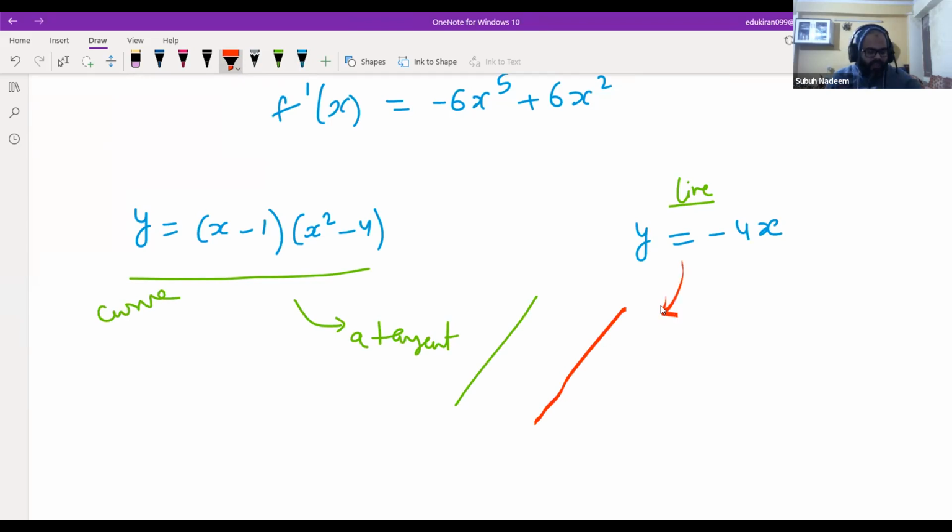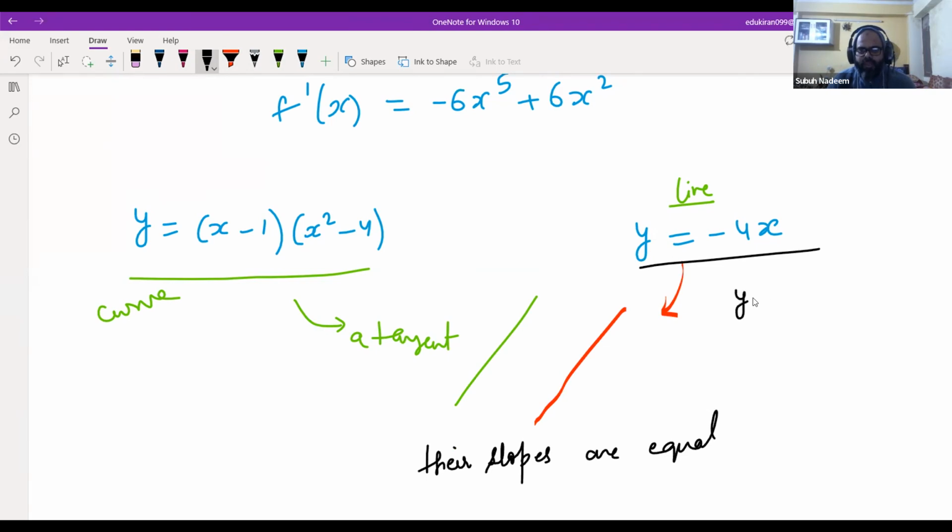So the tangent is also a line and the given line is also a line. If two lines are parallel, it means their slopes are equal. And if you observe here in this line, what is its slope? What is the equation of a line? y is equal to mx plus b. So this line is y is equal to minus 4x plus 0. b is 0.